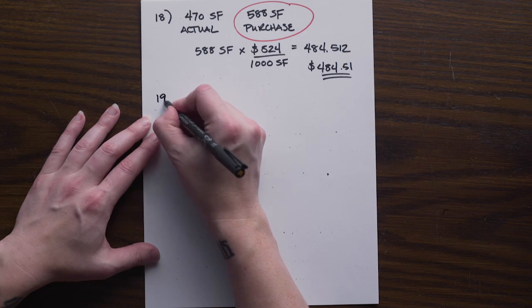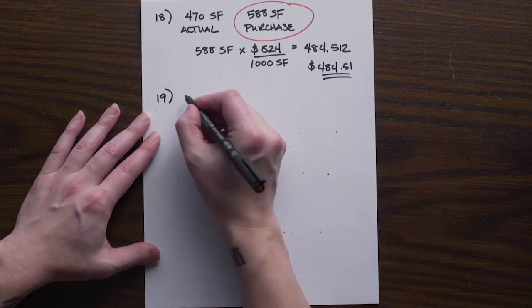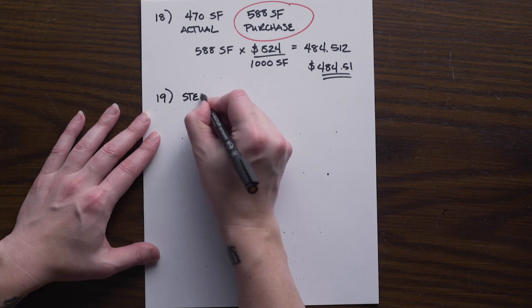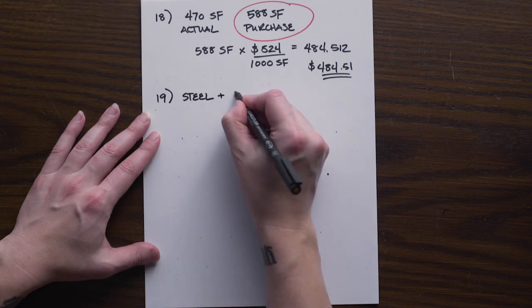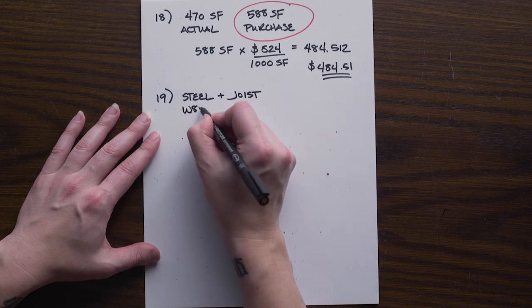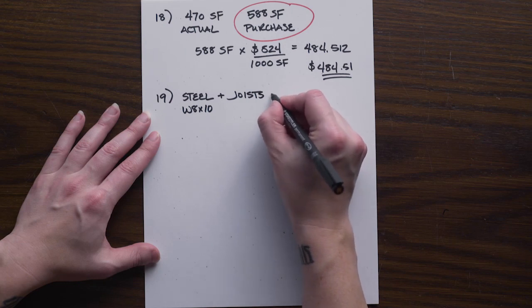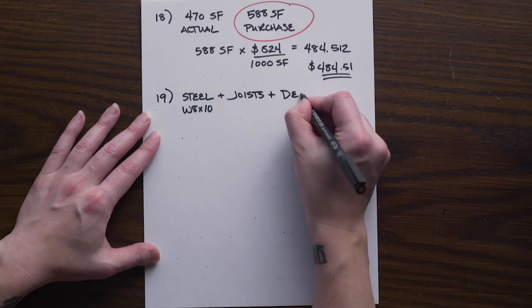And lastly, we're coming up with our total cost for our entire project. So that is our steel, our joists, so the steel meaning our W8x10 beams, girders, and columns, and our decking.